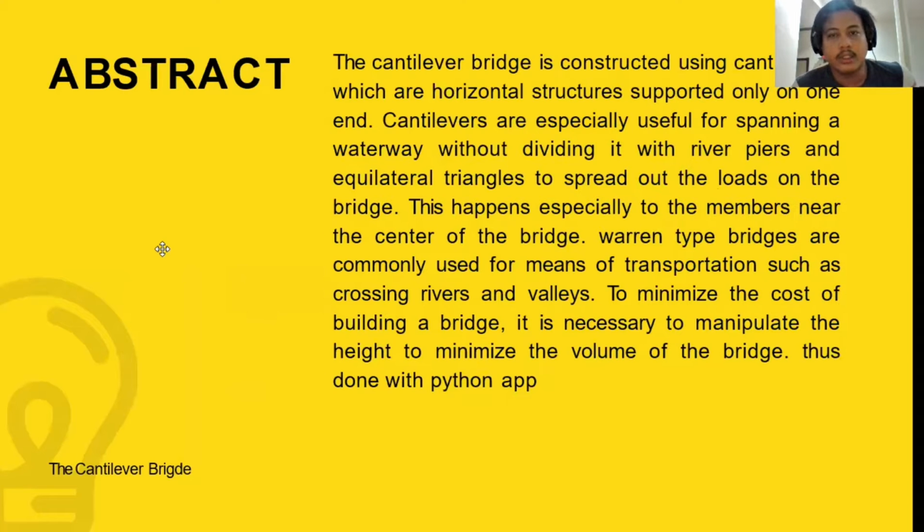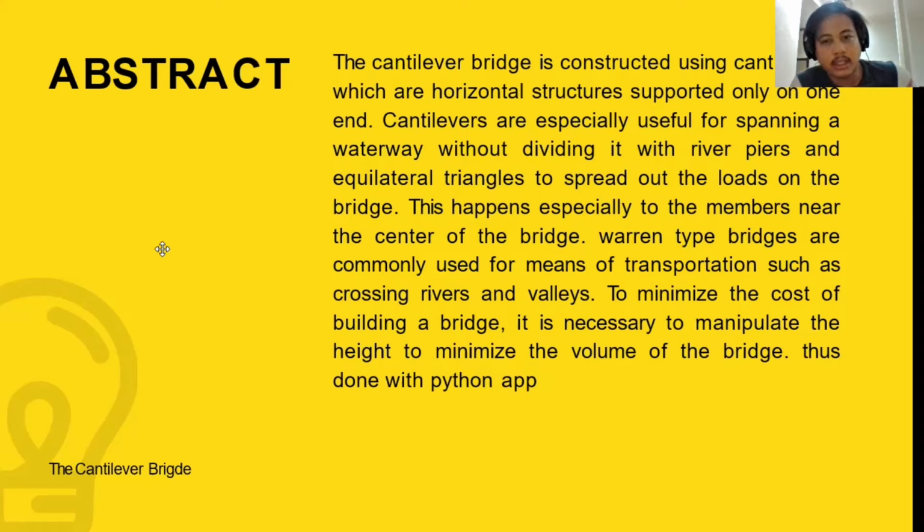The cantilever bridge is constructed using cantilevers, which are horizontal structures supported only at one end. Cantilevers are especially useful for spanning a waterway without dividing it with river piers, and equilateral triangles spread out the loads on the bridge.